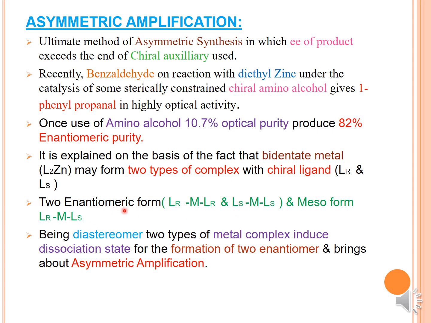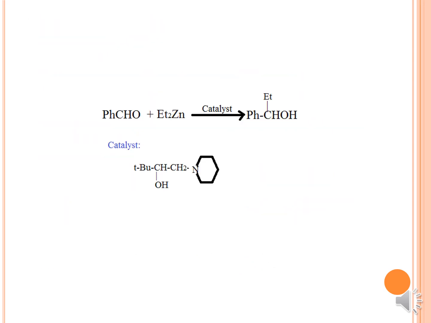So the enantiomeric forms and the meso form will be present. And then the diastereomers of the two types of metal complex will induce the dissociation state, which will lead to the formation of two enantiomers, and that brings the asymmetric amplification, okay.